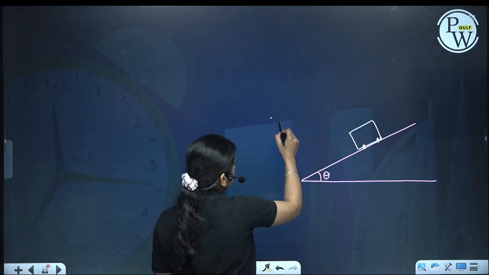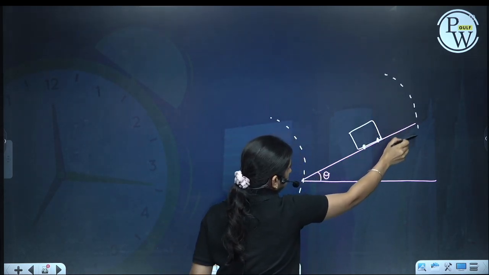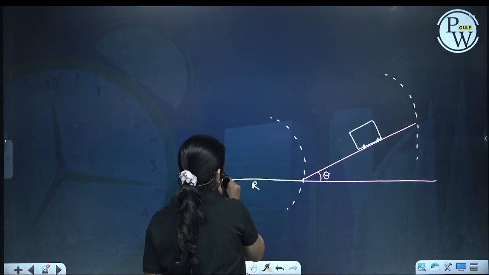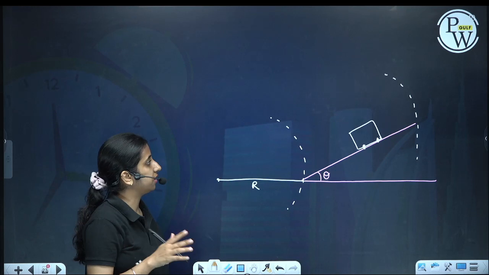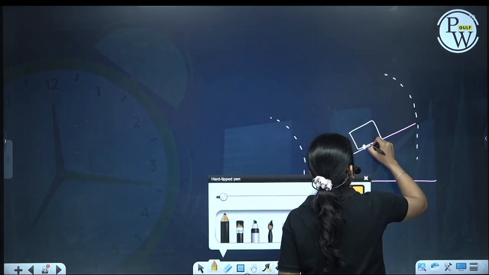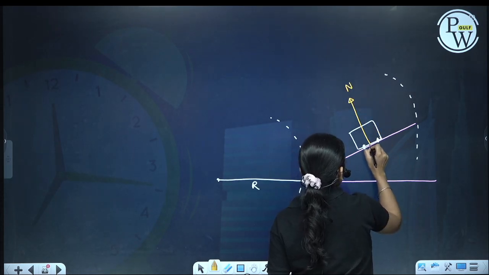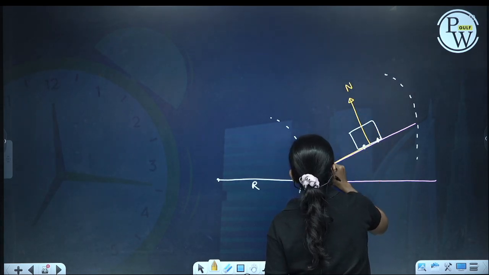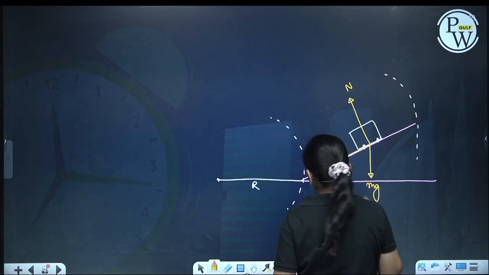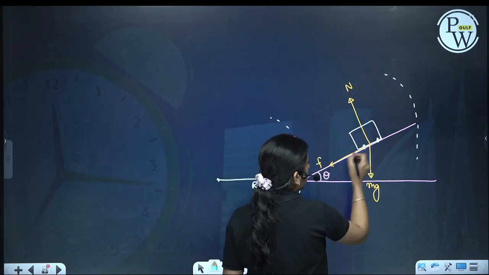The circular turn of the road is like this, and it has a radius r. Now draw the forces on this. We will have normal reaction n, friction along the plane, and mg will be acting vertically downwards.